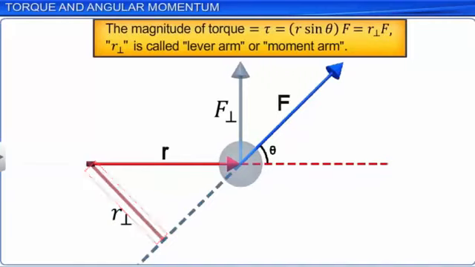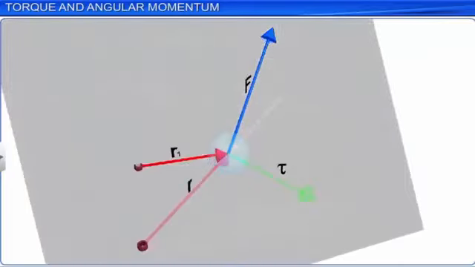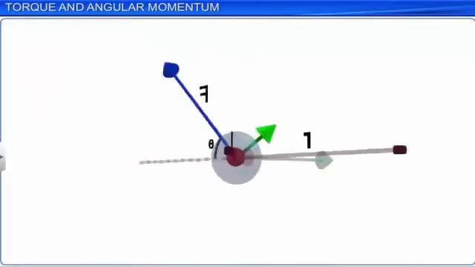Note that the torque defined here is about a specific point, usually called origin. The torque of the same force about a different origin is different. Hence, identifying the origin is very important.